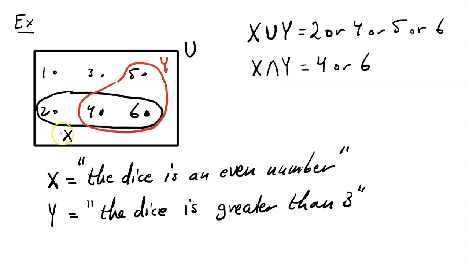We can easily see the intersection and union with the Venn diagram. The union is a combination of these 2 events, the totality, while the intersection is the overlap of these 2. So it is this part here.